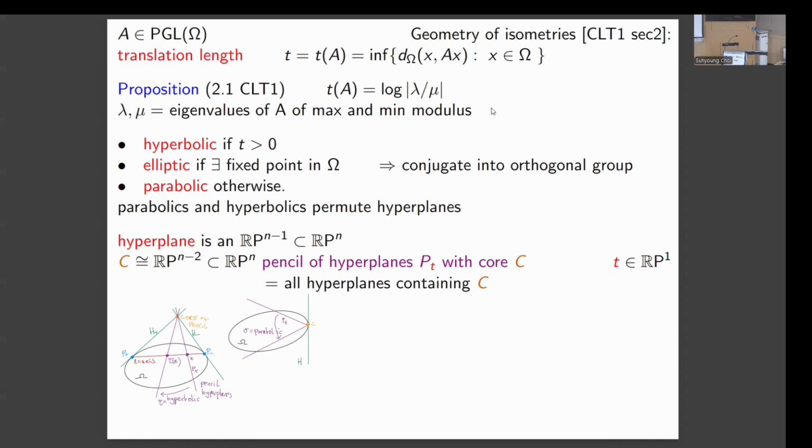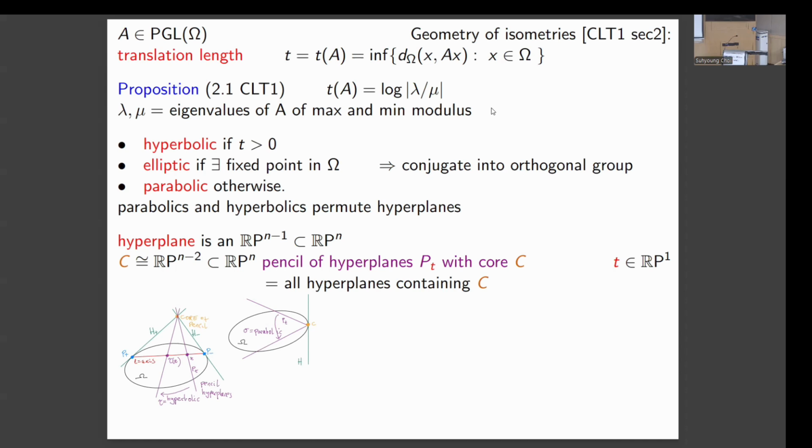And the deal is that if you have a hyperbolic, it's a fact that there is some core, some codimension 2 hyperplane that's preserved by the hyperbolic. And there's a hyperplane that's tangent to the domain omega at one point, or maybe more than one point.